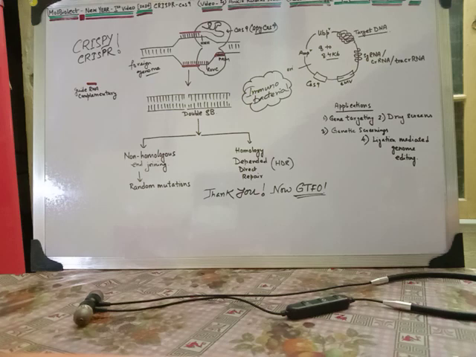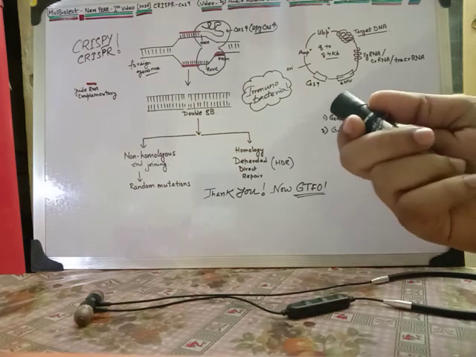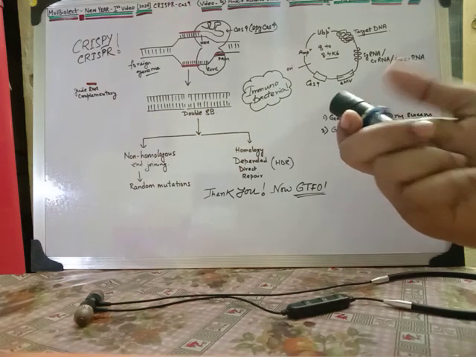Procedure-wise, this is actually an RNA-mediated, or I can say RNA-guided, adaptive immune system. It is encoded by the CRISPR loci, as I have just said, and it accompanies the CRISPR-associated genes, which are named the Cas genes.